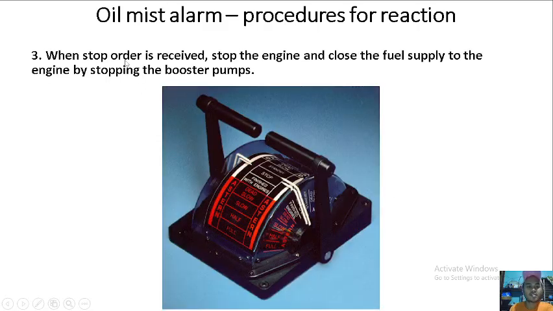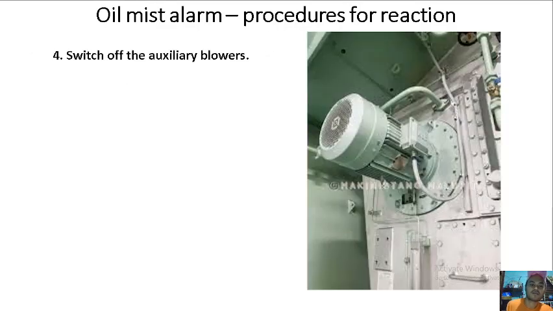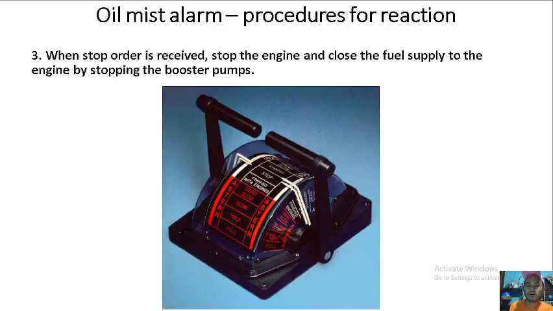Okay, so when the stop order is received, stop the engine and close the fuel supply to the engine by stopping the booster pump. Close the fuel supply to prevent combustion, which may also cause oil mist, or the combustion may go into the crankcase.